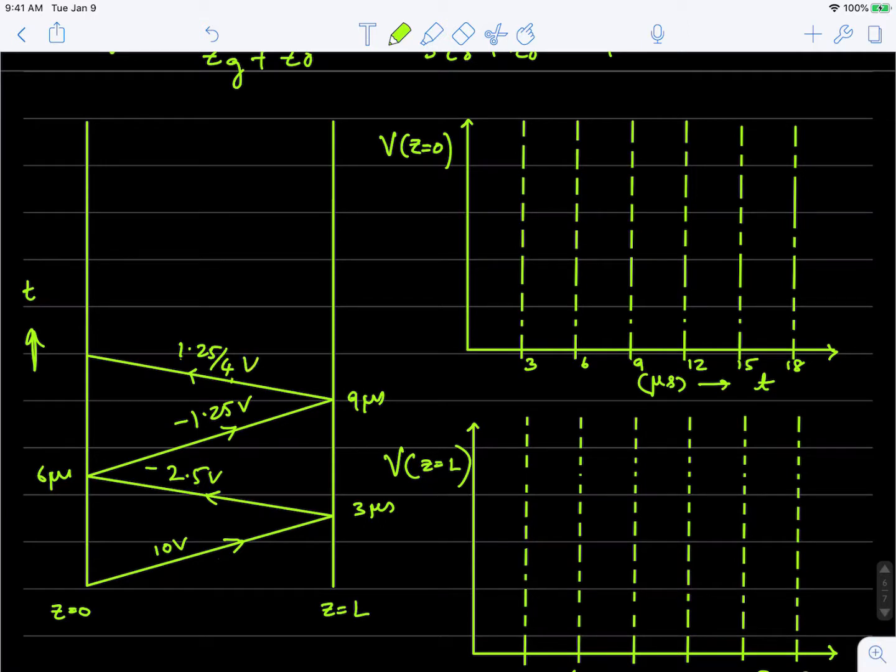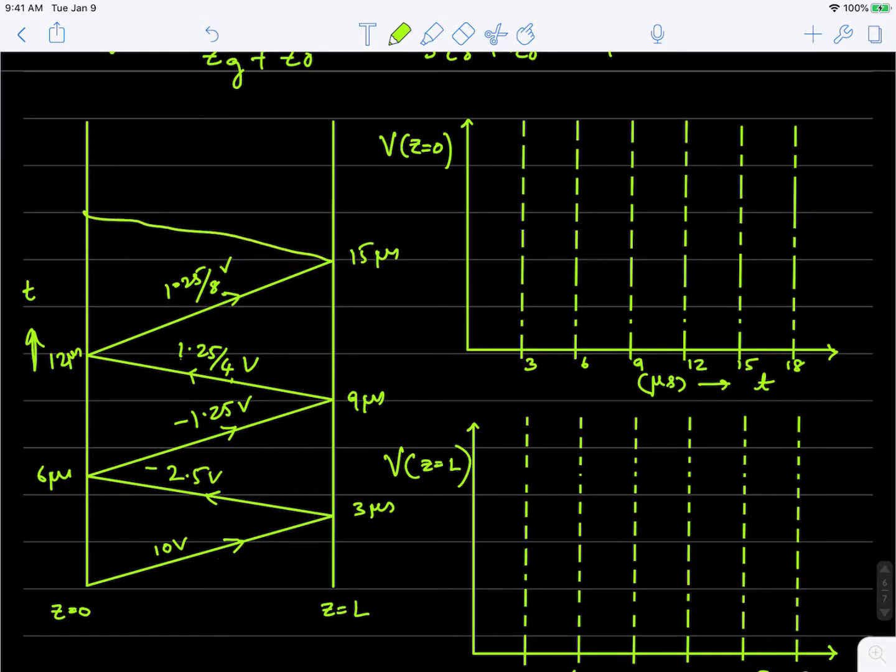So now it's already positive, and once it reaches the source it's about 12 microseconds. Once we go back again, it'll be 1.25 divided by 4 into 2, that is divided by 8 volts by the time it reaches the load. By this time it's 15 microseconds.